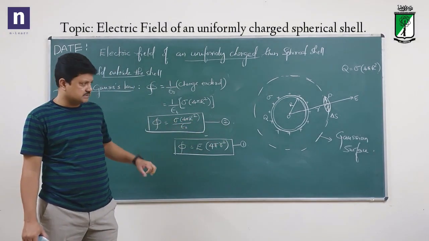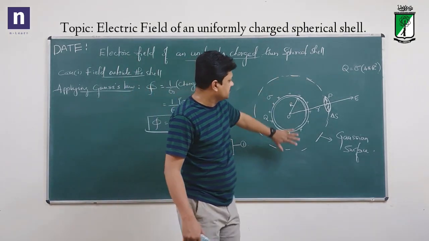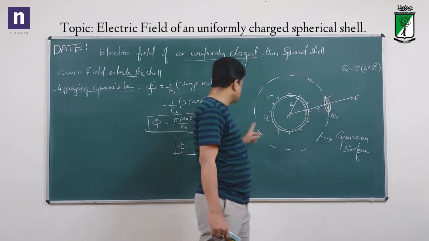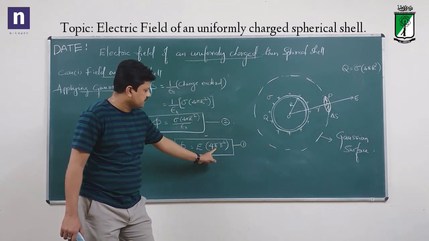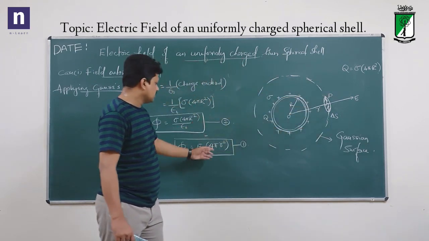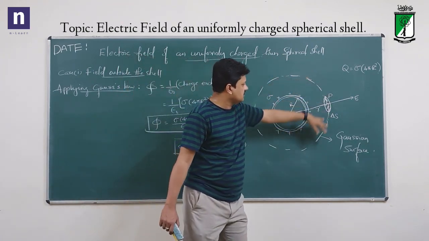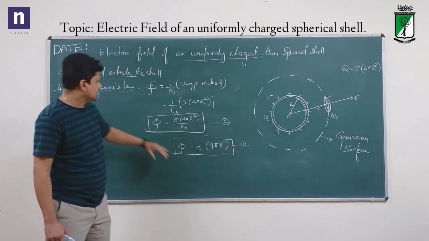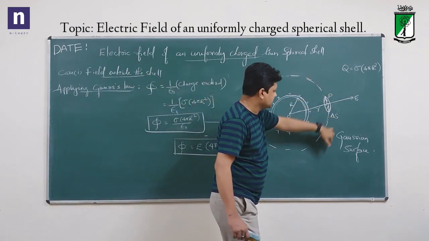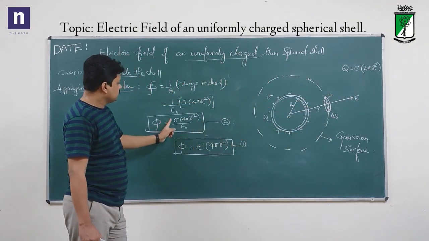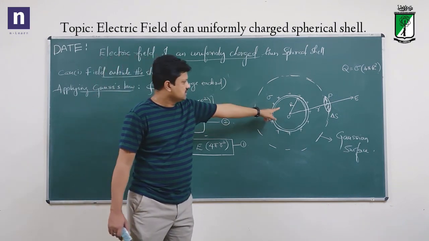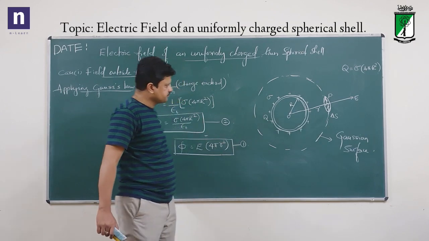By the general definition, due to the symmetry of this system, we found the flux through this closed surface to be phi equal to E into 4 pi r square, where r is the radius of the outer sphere, so 4 pi r square is the area of that outer sphere. In the same way, by applying Gauss's law, we found the same flux through the imaginary surface to be sigma into 4 pi r square by epsilon naught, where r is the radius of the smaller spherical shell.